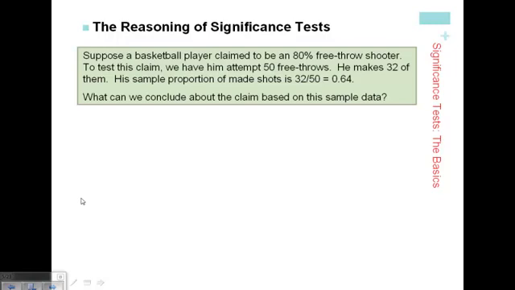What if I only made 38? 37? 36? At what point does the number of free throws that I make get so far away from the expected 40 that you say, no, you're not an 80% shooter?